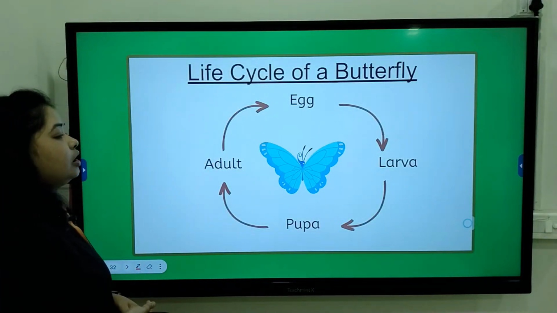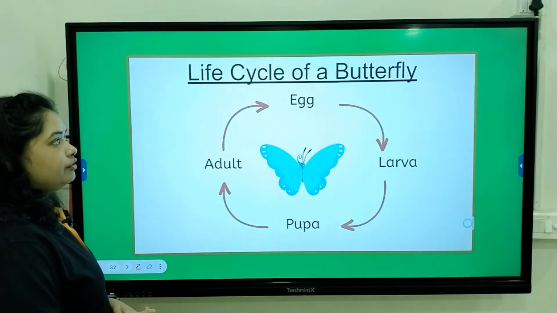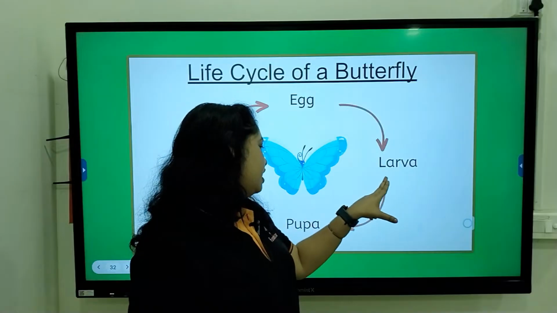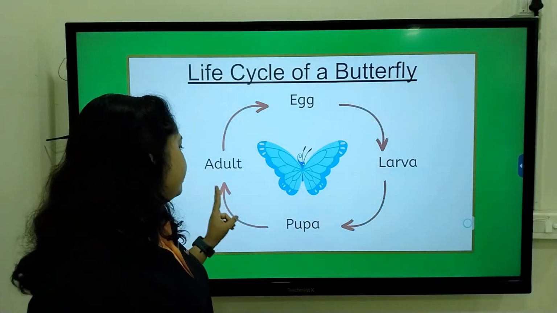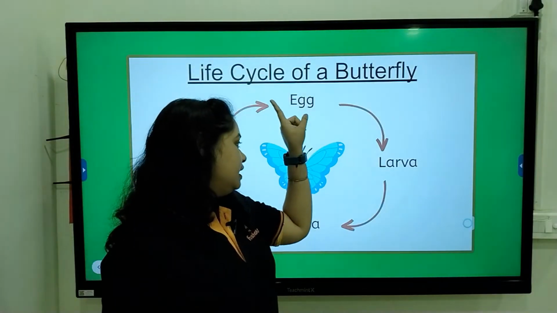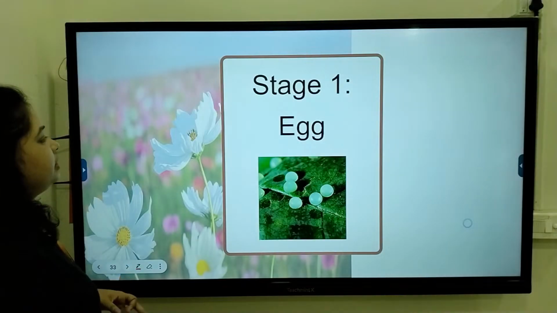Now what are the again four main stages in the life of a butterfly? That is, starting with the egg, then larva, then pupa, and finally the adult. Now the adult will again lay the egg, and in this way the whole cycle will keep on repeating itself.